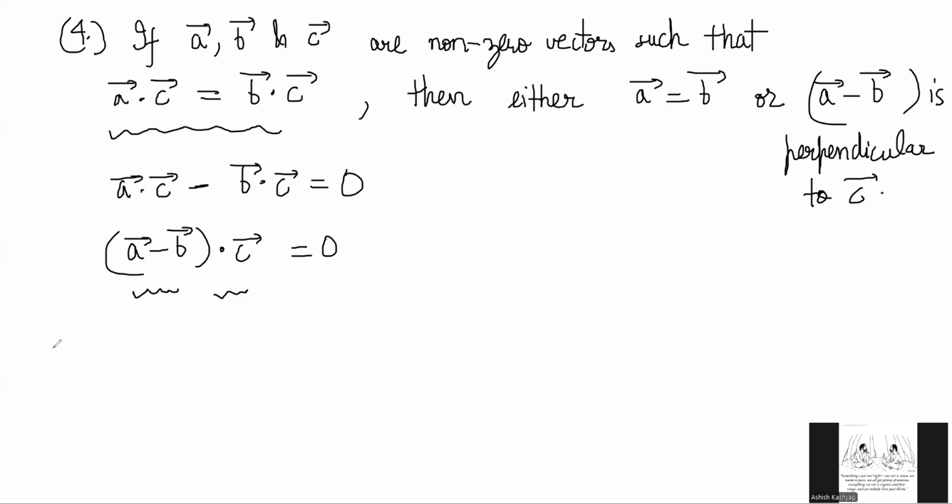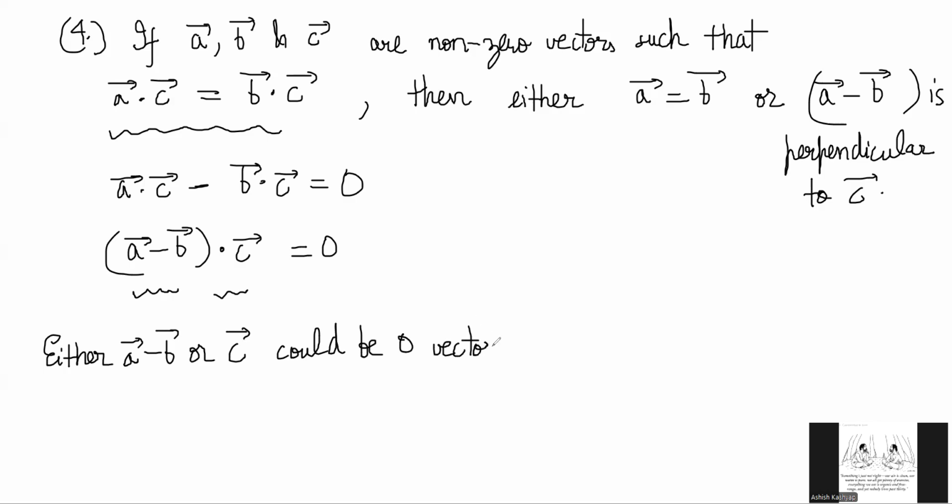One of them, either A minus B or C, could be 0 vector. And the question has already stated that C vector is non-zero. So A minus B could be 0 vector. So from there you get the case A minus B is equal to 0 vector. So that means A vector is equal to B vector.